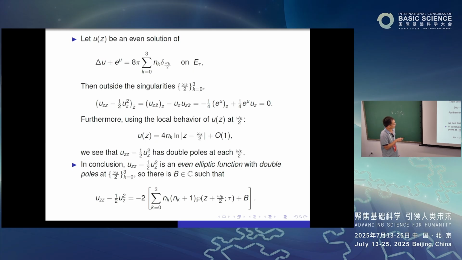Using the local behavior of the solution, because the right-hand side has some Dirac measures, you know that this meromorphic function has double poles at each singularity. Since u is a function on the torus, u is doubly periodic. So the conclusion is that this function is an even elliptic function with double poles at the half periods. So the theory tells us there is a constant B such that this function can be written by the Weierstrass ℘ function.